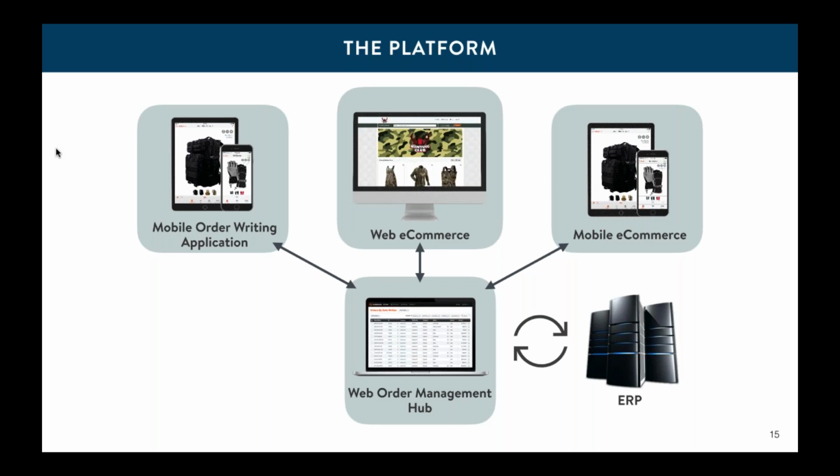And more importantly, when they're doing that through technology, that order then gets sent back into your office for fulfillment at a much faster rate. The other key part of this platform includes a B2B commerce platform on the web and mobile so that your customers can place self-serve orders whenever and however they want.